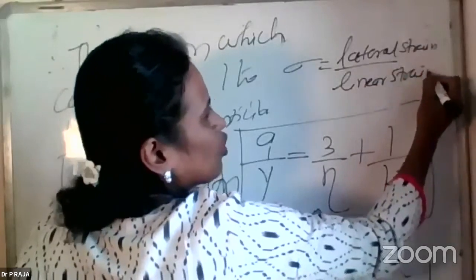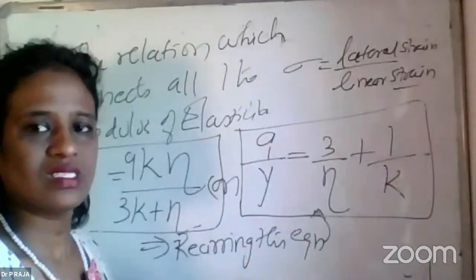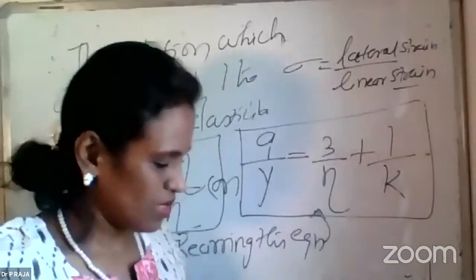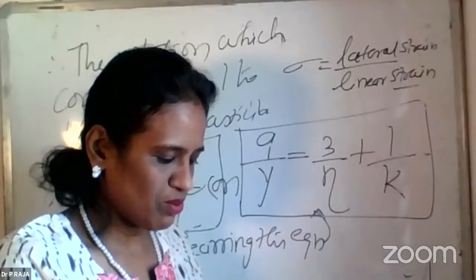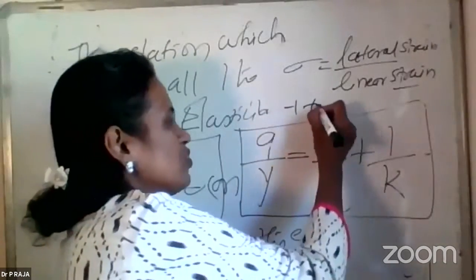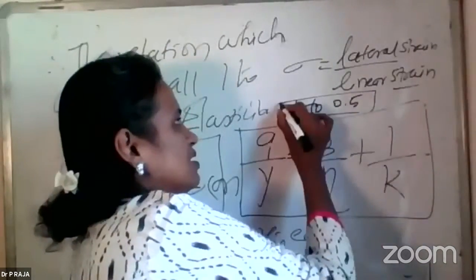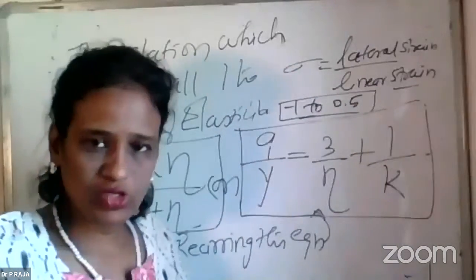Both are strain factors in the numerator and denominator, so the dimension is the same. So sigma has no unit, and the value of sigma ranges from -1 to 0.5.